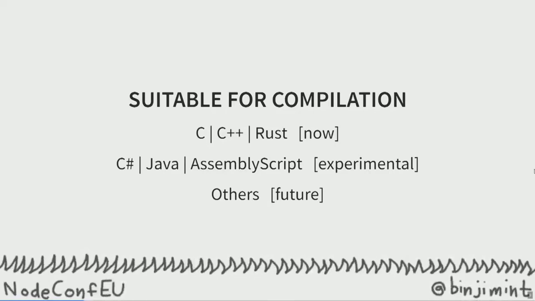Currently the languages that we support are C, C++, and Rust. We also have some experimental support for languages like C# and Java. A lot of people are very excited about the opportunity to basically take their preferred language, compile that, and then ship that to the web as a client.